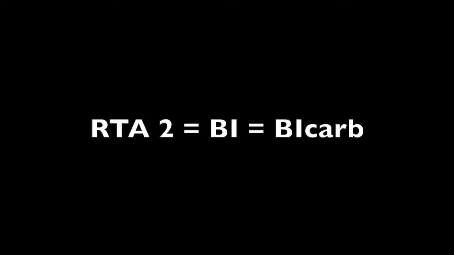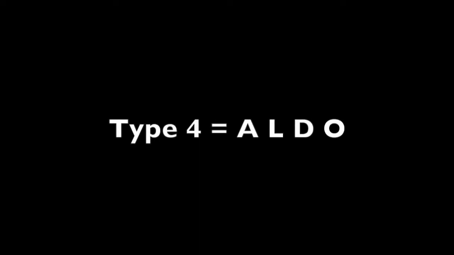Type 2 should remind you of B-I. 2, that's bicarb. You cannot absorb bicarb properly, so you lose a lot of bicarb. That makes you acidotic. Type 4, 4 letters, should remind you of ALDO, aldosterone. So this is hypoaldosteronism. So hyponatremia, hyperkalemia.